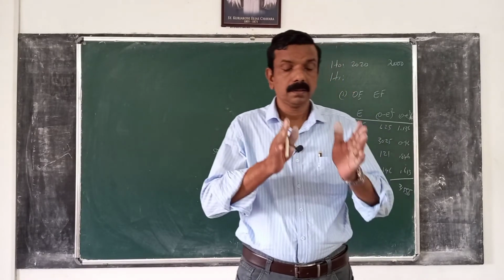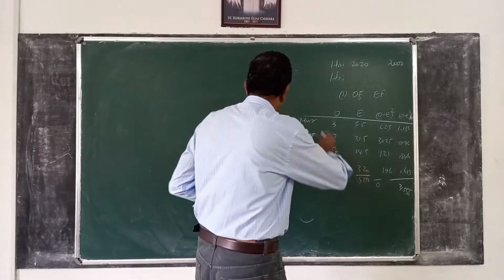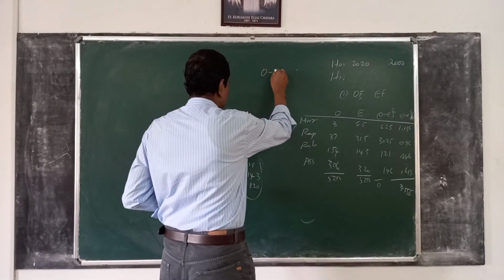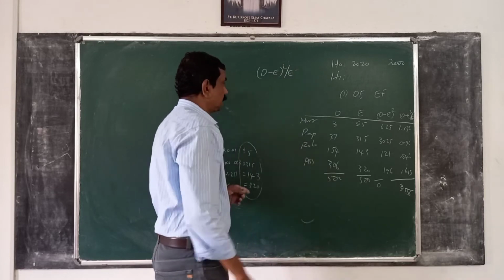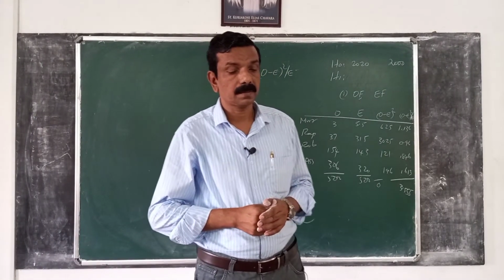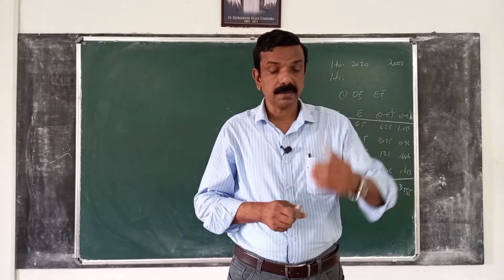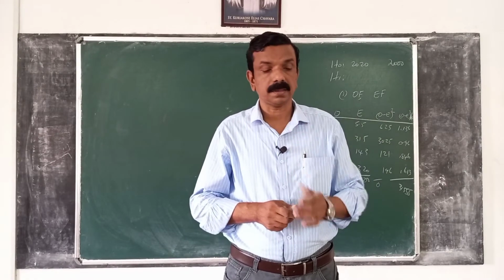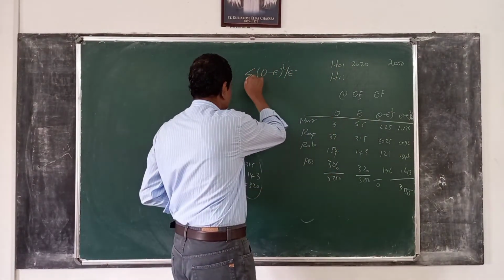Doing this gives us a statistic, (O minus E) squared by E, known as the chi-square statistic.